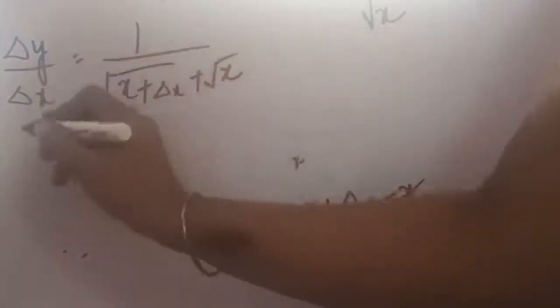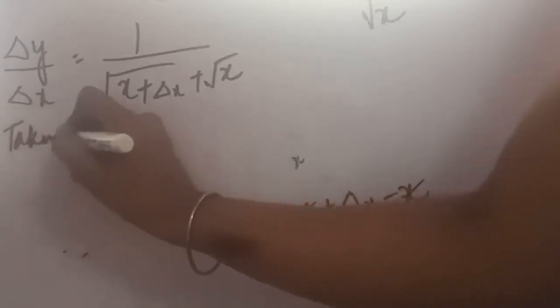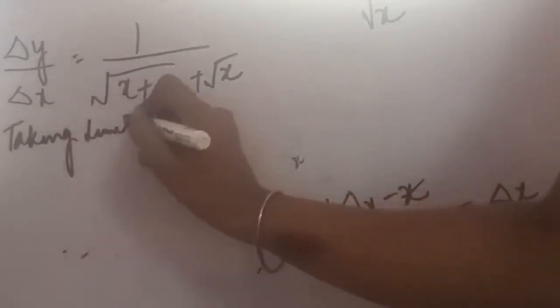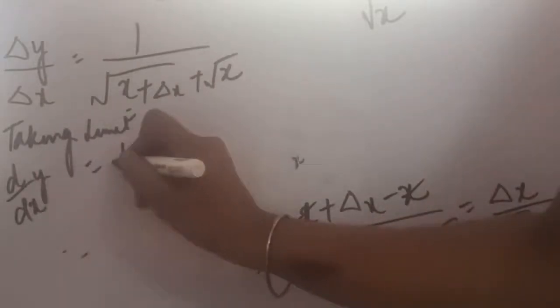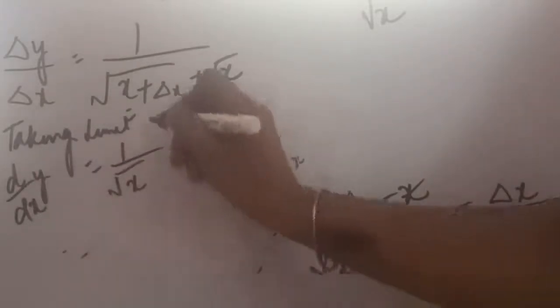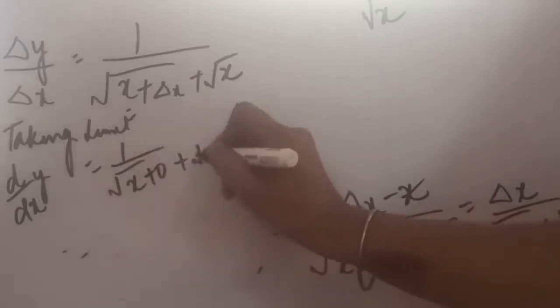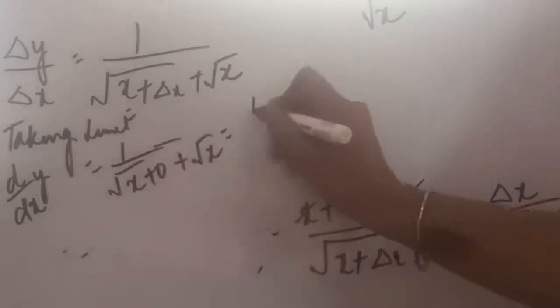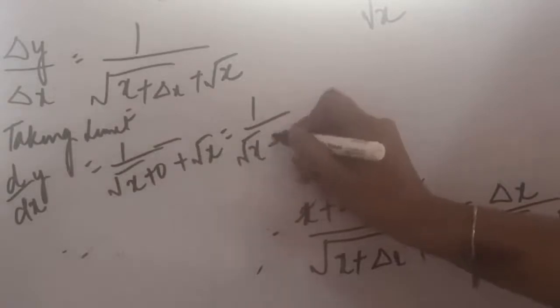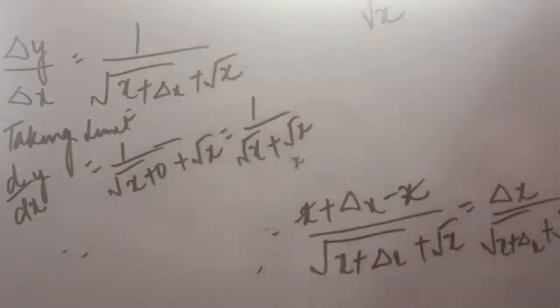When we take the limit, this will be converted into differentiation, d upon dx of y, divided by this will become x plus 0 plus x. So it will be 1 upon root x plus 1 upon root x.